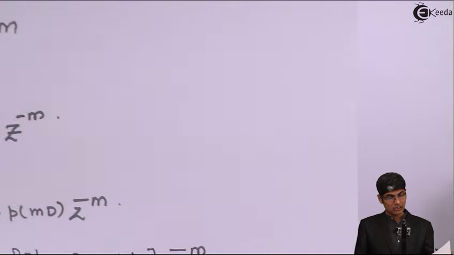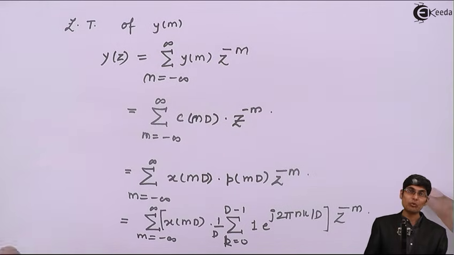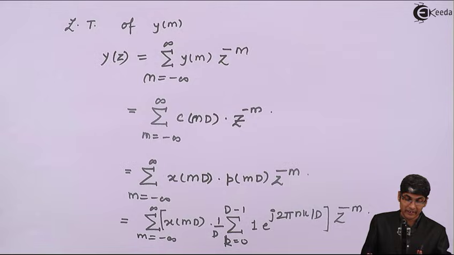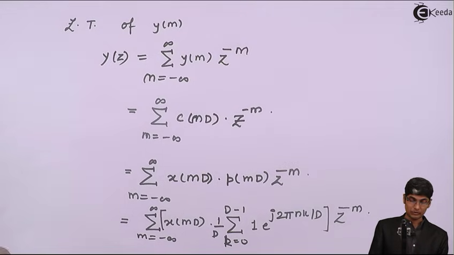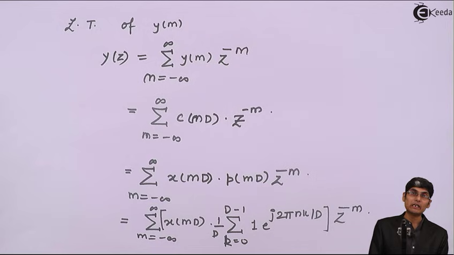In the given equation we can see that the samples will be only picked up, or we are only interested in non-zero samples. So when I am only interested in non-zero samples, I can easily convert this to m, and I can make this go m by d.